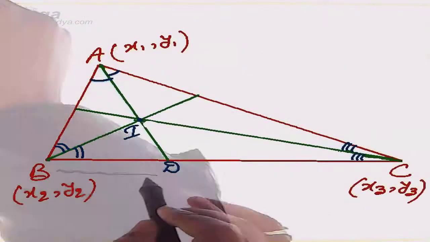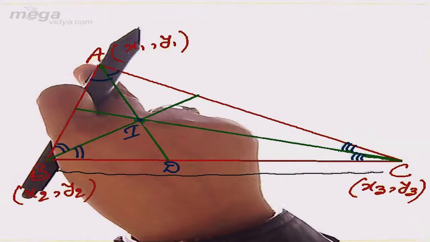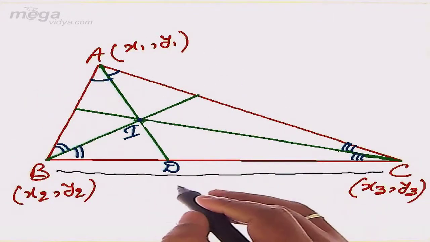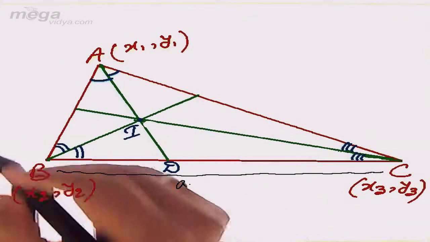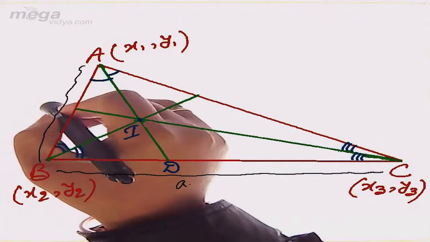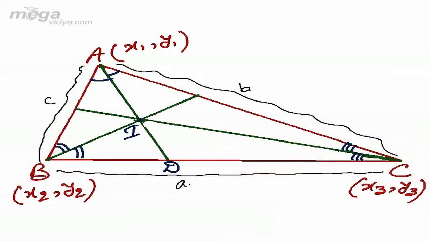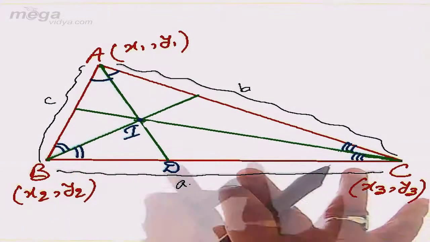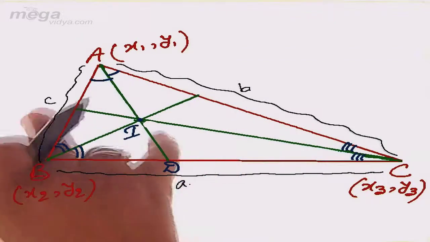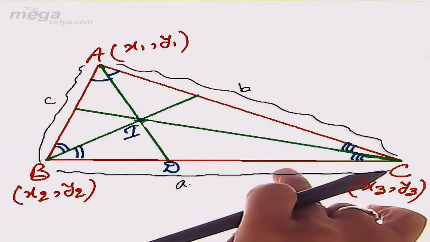We know that the length of the side opposite to angle A is a. The length of this side is c. This is the length of side AC, which is b. It means BD upon DC is the same as c is to b.